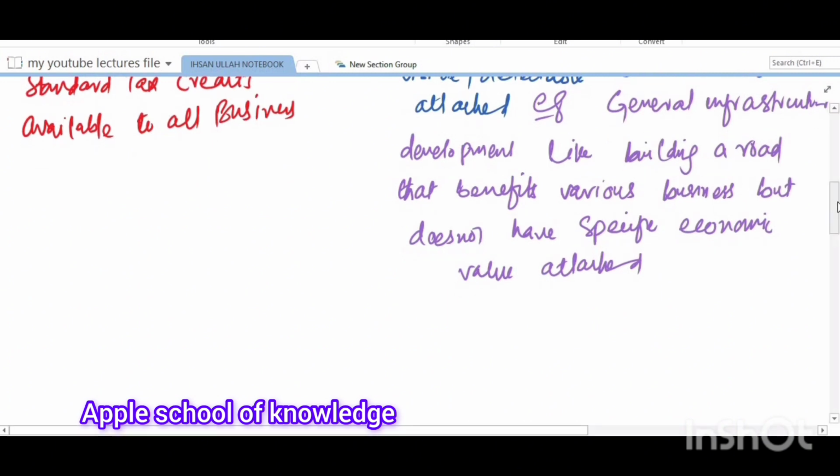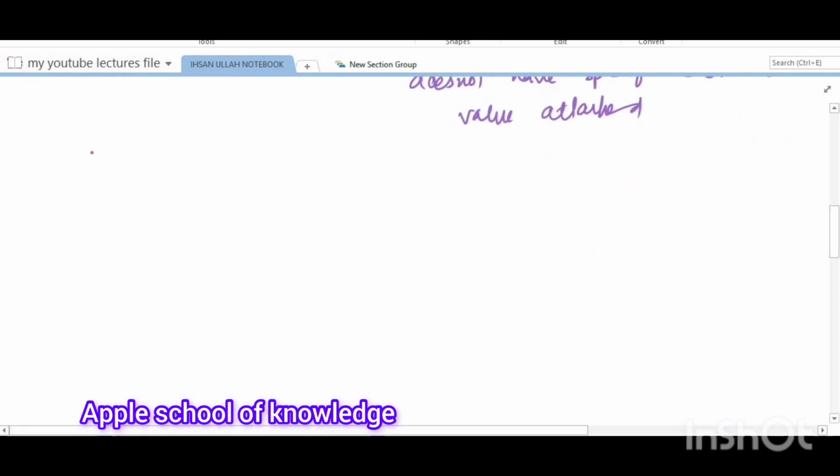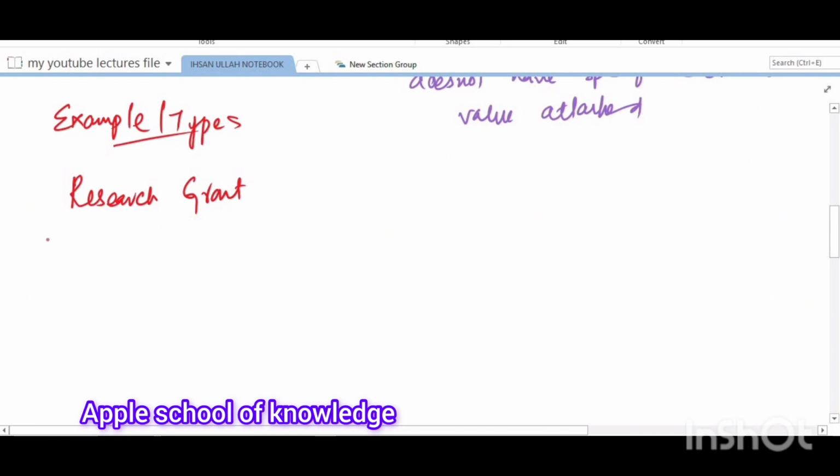Let's move on with the examples, different types or examples of grants. The government also gives grants for general research purposes, so we call that a research grant. It may also give grants for job creation, which we call a job creation subsidy.